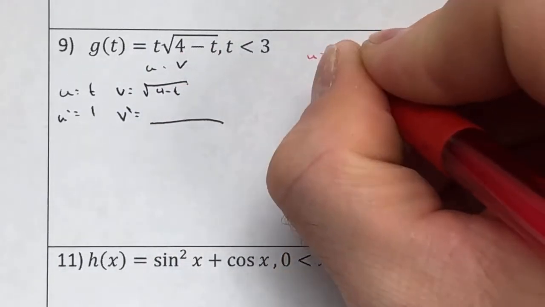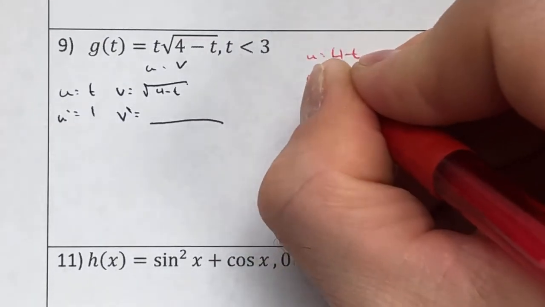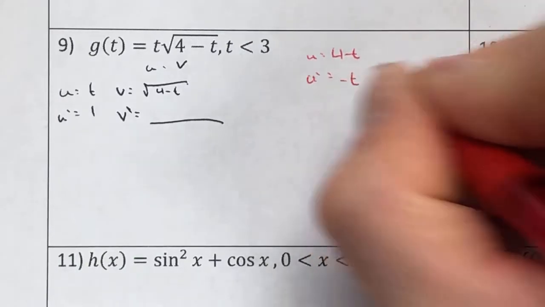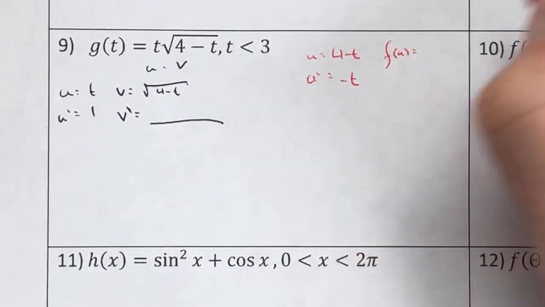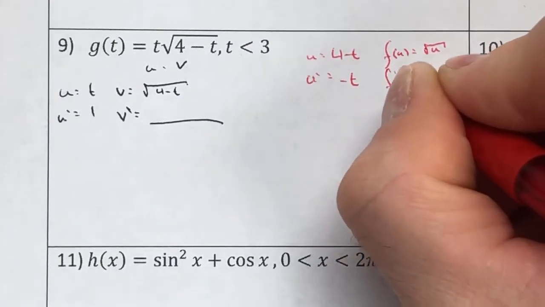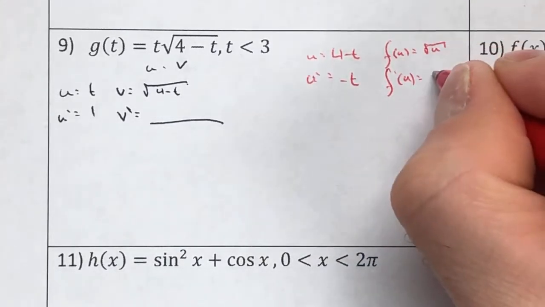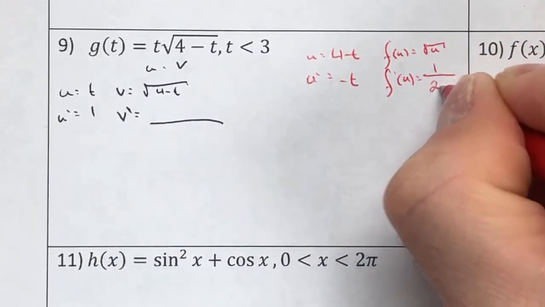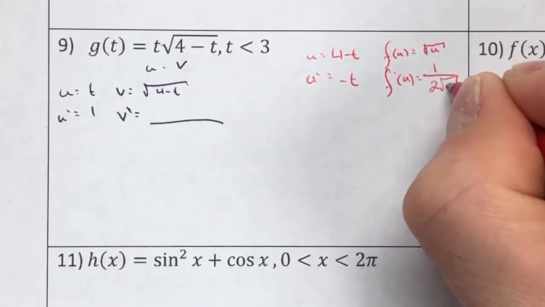So I'm just going to set u equal to 4 minus t. So u prime is equal to negative 1. So my function with u in it is going to be the square root of u. So my derivative is going to be, let's see, that's to the power of 1/2, so 1/2, subtract 1, negative 1/2, square root of u on the bottom.